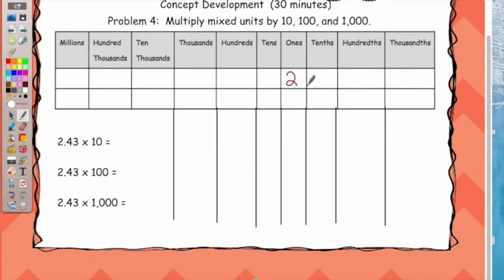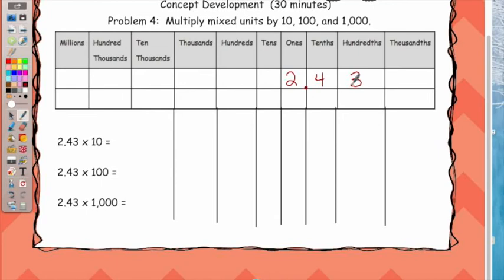Okay, so 2.43. Does anyone remember how to say that number? Well, yes, if we're talking money. Instead of dollars, what do we say in place of the decimal? You're close.